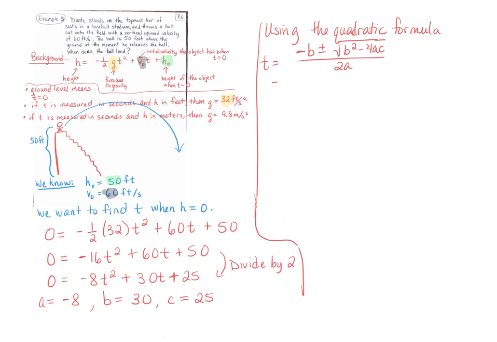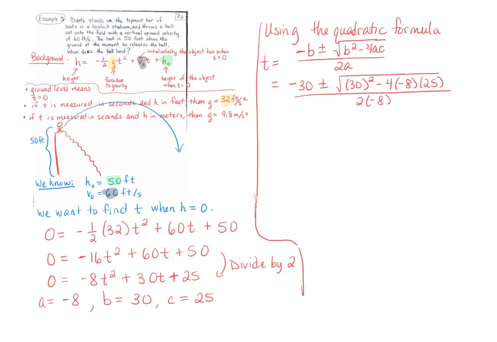So this is equal to negative times b was 30, so -30, plus or minus the square root of the quantity 30 squared minus 4, a was -8, c was 25, all of that over 2 times -8.